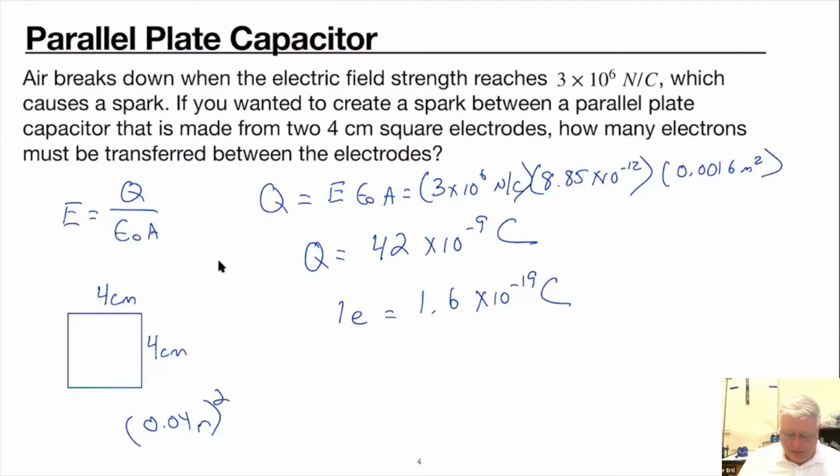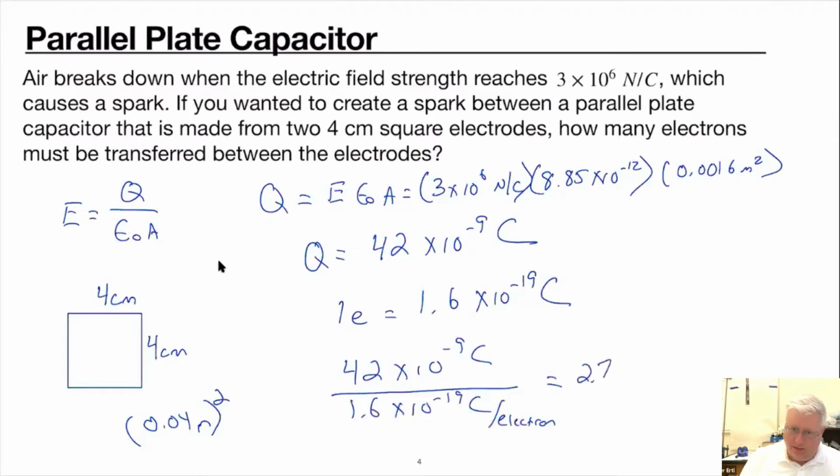Well, this is just simple division now. 42 times 10 to the minus 9th coulombs per 1.6 times 10 to the minus 19th coulombs per electron. And I get about 2.7 times 10 to the 11th electrons.